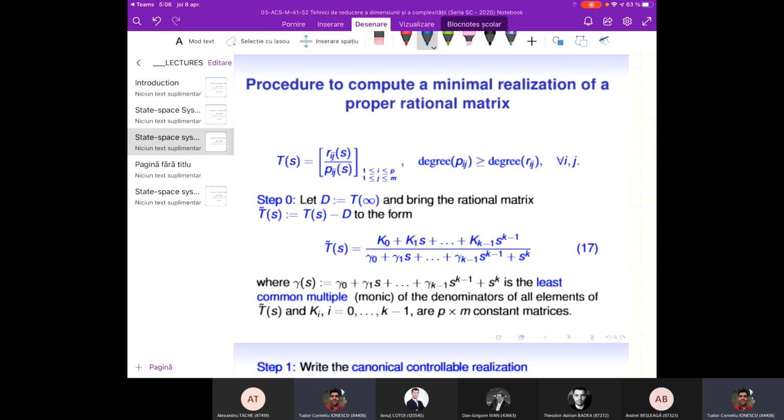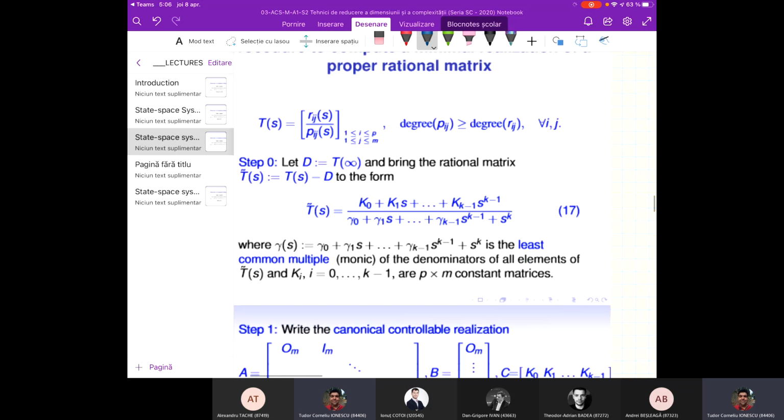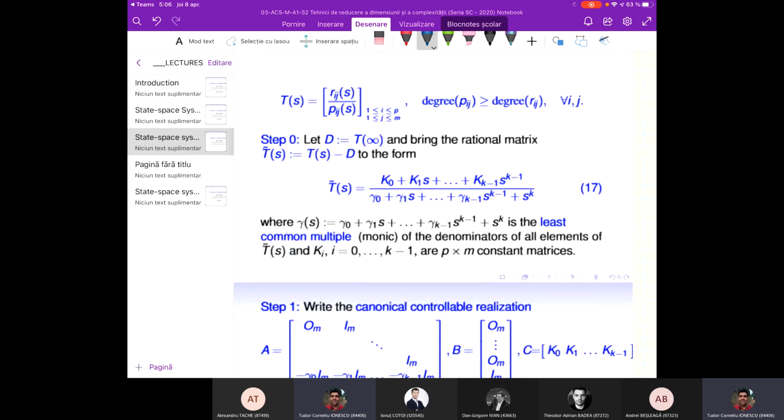compute the matrix D. The matrix D is T evaluated at infinity. And then you compute the strictly proper rational matrix T tilde S, which is T of S minus D. And this is in the form that we are already familiar with: a polynomial with constant matrix coefficients in the numerator and a real-coefficient polynomial in the denominator, where gamma S is the monic least common multiple of the denominators of all elements of T tilde.